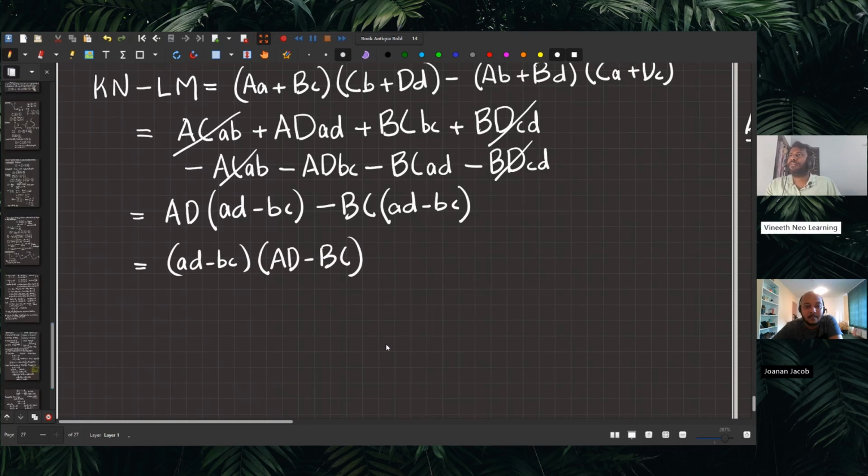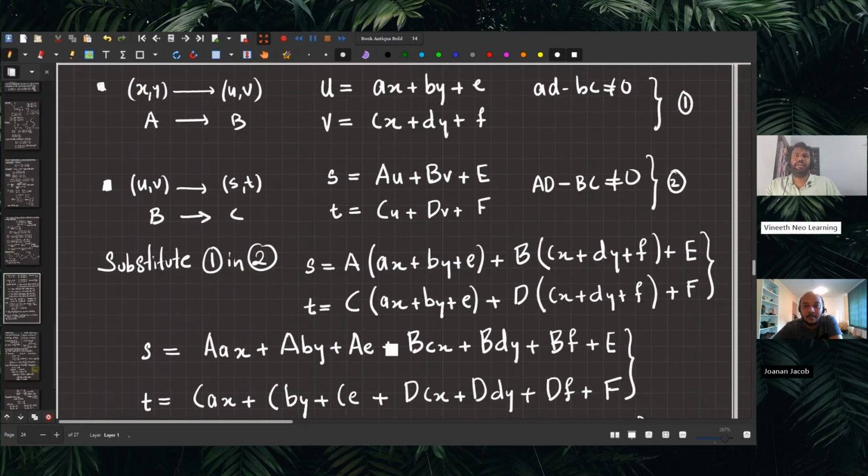Now let's look back at our initial problem. We had two affine transformations: from XY to UV, and UV to ST. The determinant condition of the first transformation was that small AD minus BC should not be equal to 0. For the second transformation, capital AD minus BC should not be equal to 0.